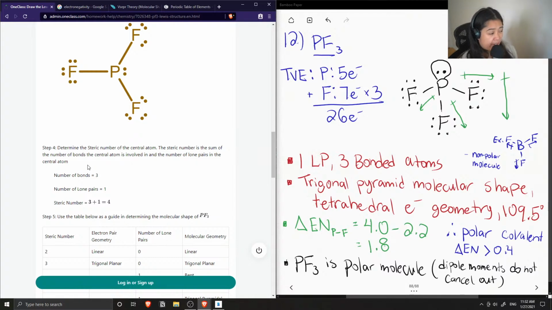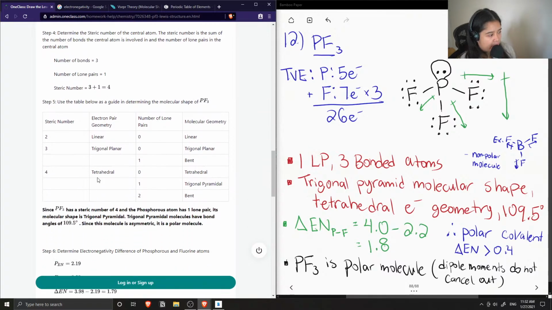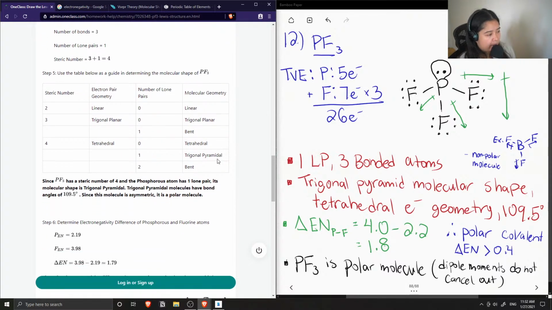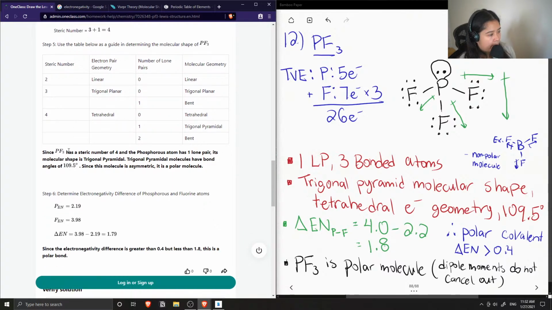So they counted out the number of bonded atoms, which is 3, and the number of lone pairs, which was 1. And they showed that it has a trigonal pyramid molecular geometry. So they have bond angles of 109.5, and since this molecule is asymmetric, it is a polar molecule.